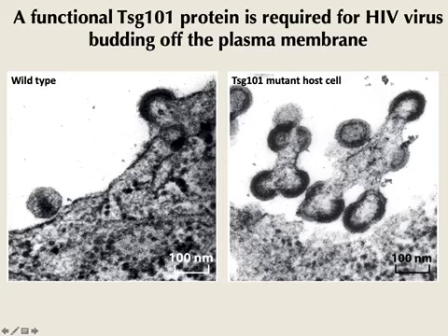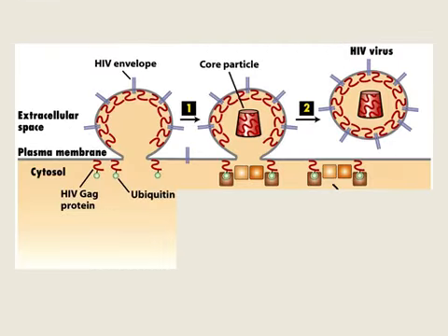So what this illustrates is that it's a host protein necessary for completion of the formation of the viral particles. And that's the exact same process. So you would say, well, that host cell must also have problems with its own multivesicular bodies, and sure enough, they do.